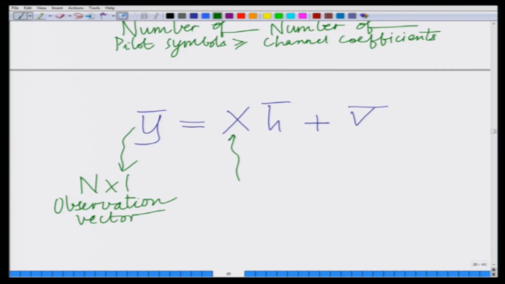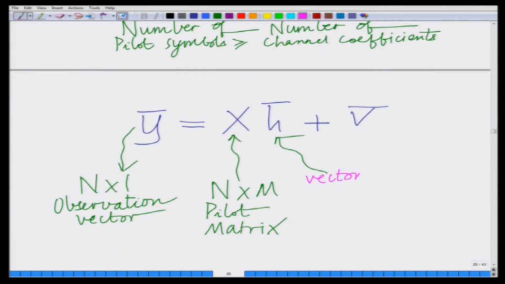This X is the N cross M pilot matrix corresponding to M pilot symbols each transmitted over N time instants. This h bar is the vector of M channel coefficients, M cross 1, simply called the channel vector, and this v bar is your N cross 1 noise vector.